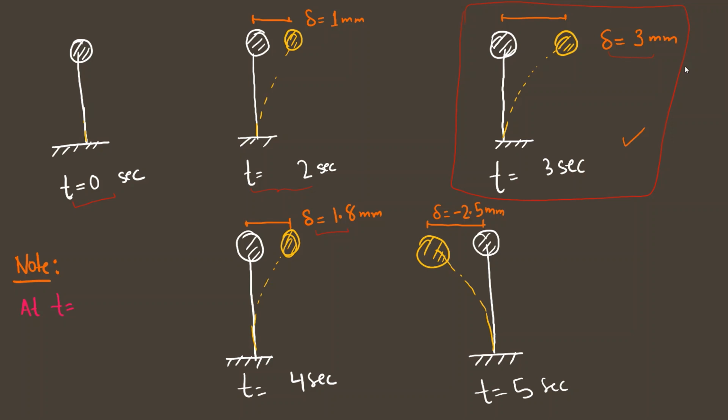As a structural engineer we will pick up this value, and not be interested in the others, because if a structure is safe for the peak displacement of 3 mm, then it would be safe in all of these. So at t equals 3 seconds our deformation is 3 mm, that is the maximum deformation.